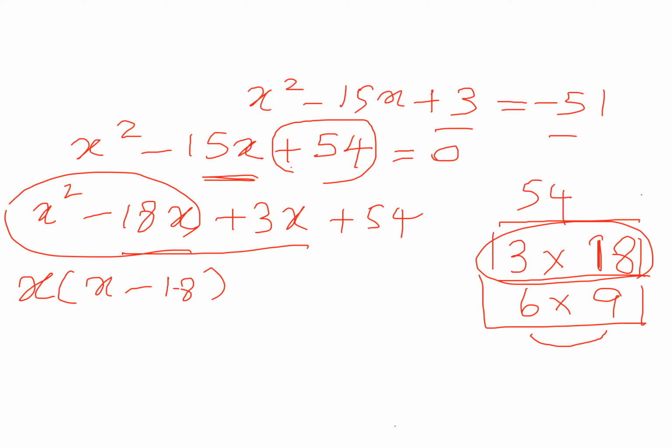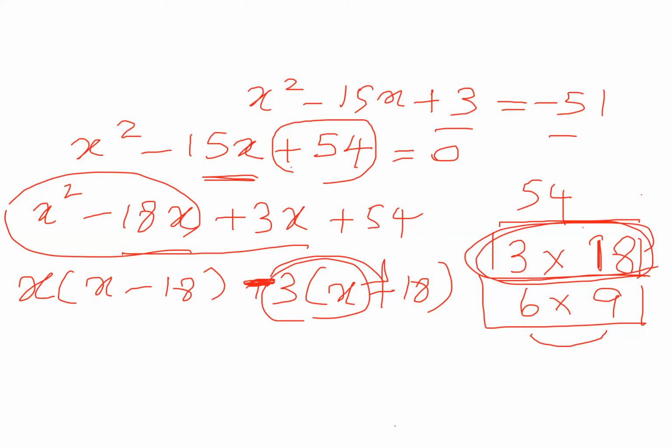Here, when we bring in plus 3, what has happened? x plus 18. So if you put a minus here, what has happened? Then this becomes minus, but 3x also becomes minus. That means this factor is not suitable, not appropriate.